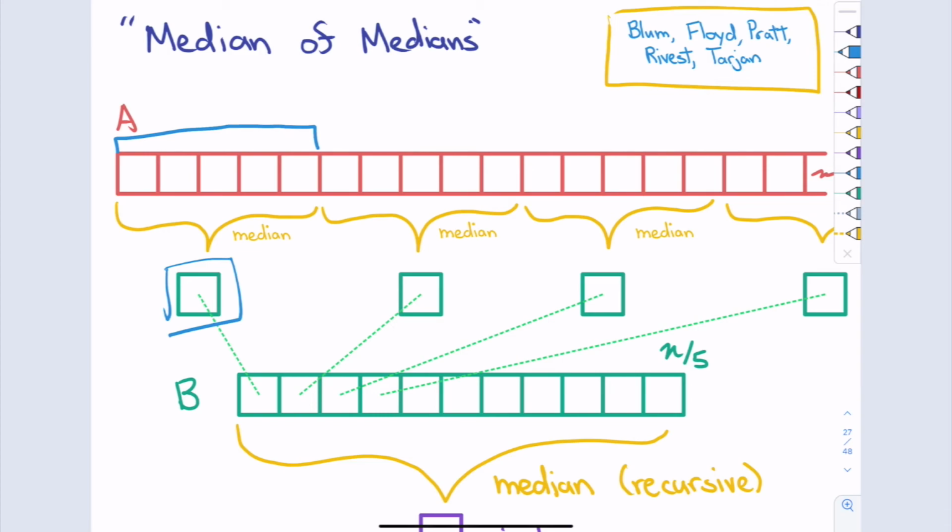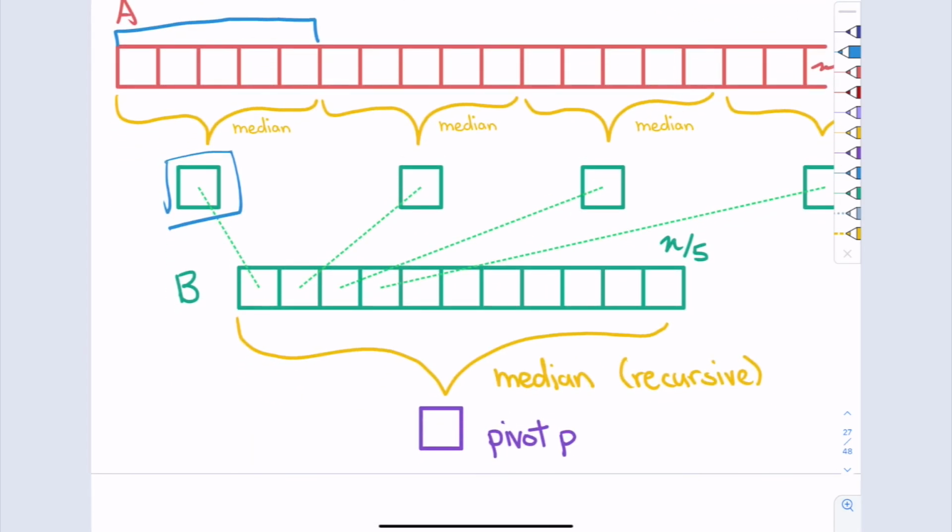Now, we take all those medians and put them into a new array. You've roughly decreased your input size by a factor of 5. So out of every 5 elements, you've taken out 1. And now we're going to try to find the median of your n over 5 medians. So this is where the median of medians comes in. We don't know how to do that, but the input's smaller, so we can recurse.